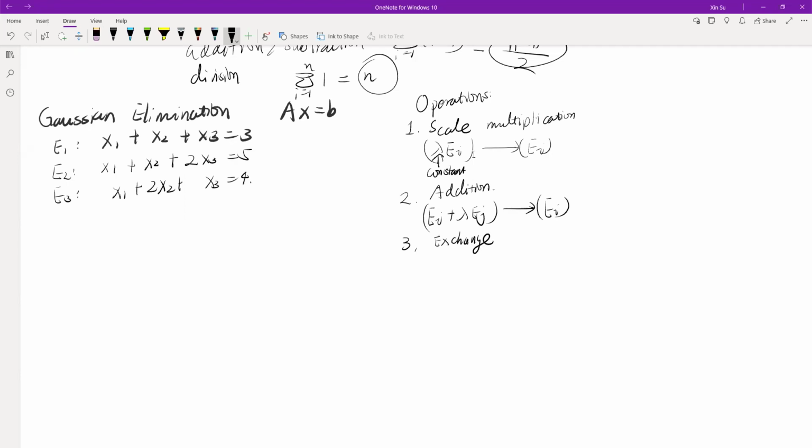We can exchange the order of equation I and equation J, that is, we just switch the order.